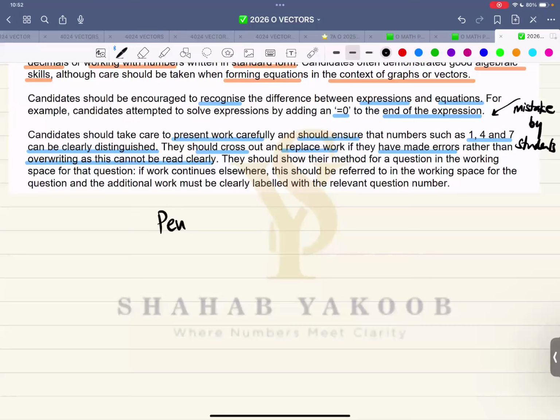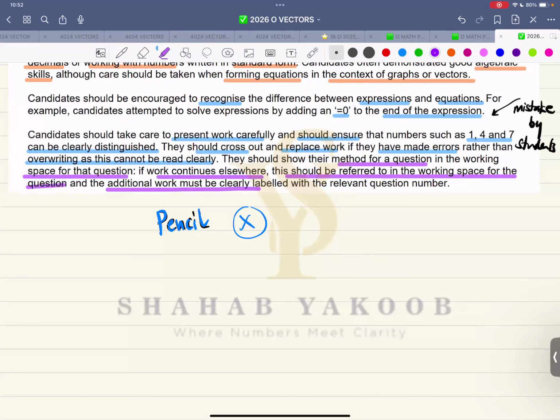Some people, they write with a pencil and then they write on top of it with a pen. Don't do that. They should show the method for a question in the working space for that question. If the work continues elsewhere, they should be referred to it in the working space for the question, and then additional work must be clearly labeled with the relevant question number.